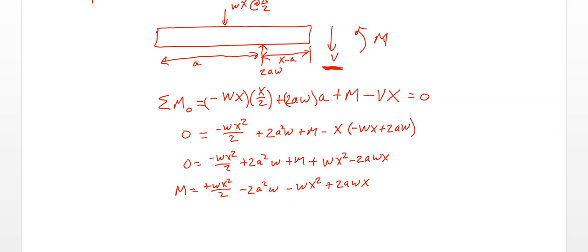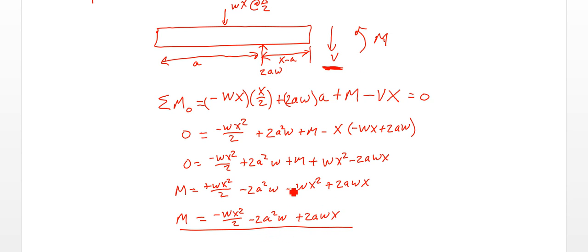So I have wx squared and wx squared, and I can add those together: negative wx squared over 2 minus 2a squared w plus 2awx. That's my moment at the end there. So the mistake I made was not accounting for the shear contribution to the moment.